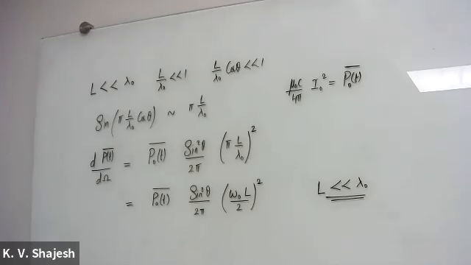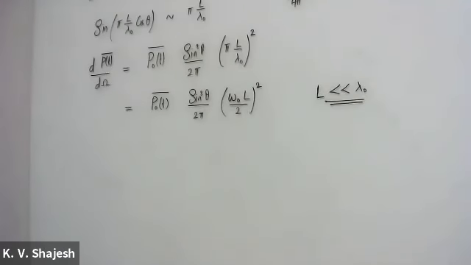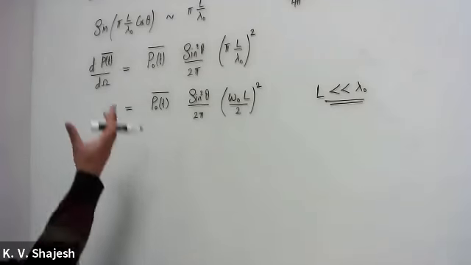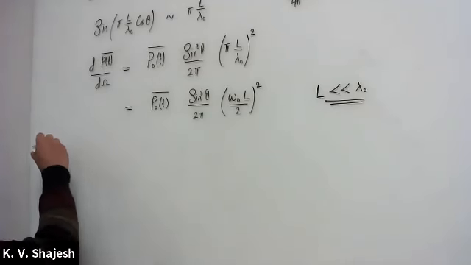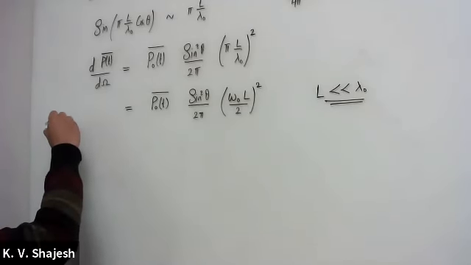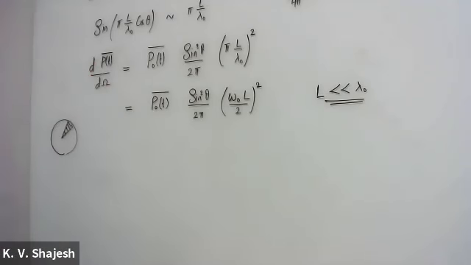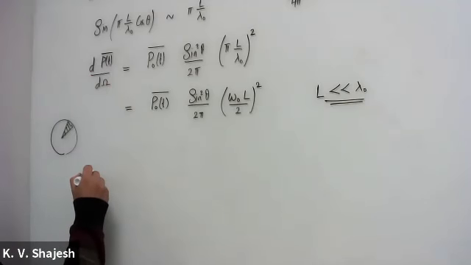But what is the total power radiated over all the solid angle? If for each tiny d omega you have this, add up the whole quantity. Can we calculate this? Let's do that calculation.